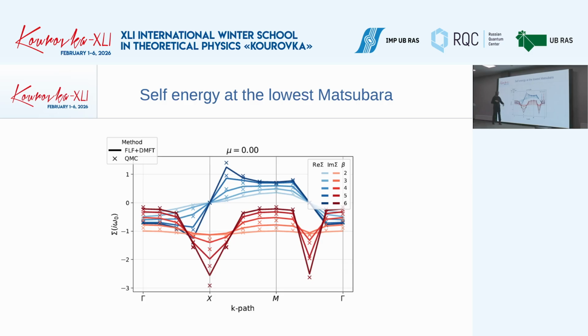Of course, each series of dots costs basically a day of supercomputer time, and the curve is obtained in a minute. So you can guess how good or how bad the method is, but at least it's not very bad.